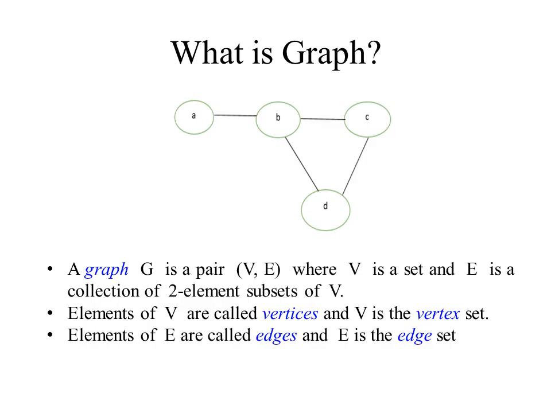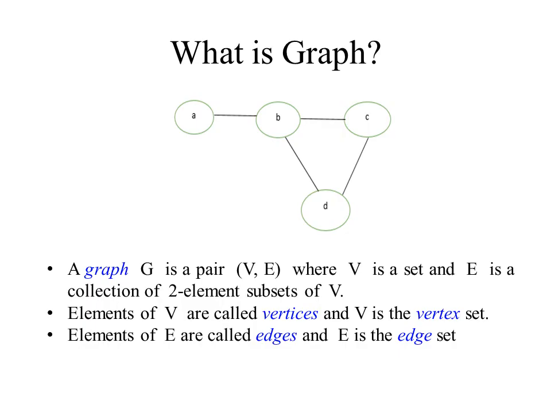Here A, B, C and D are known as vertices, or we can simply call them nodes as well. Those lines which connect A and B are known as E. E is nothing but an edge.